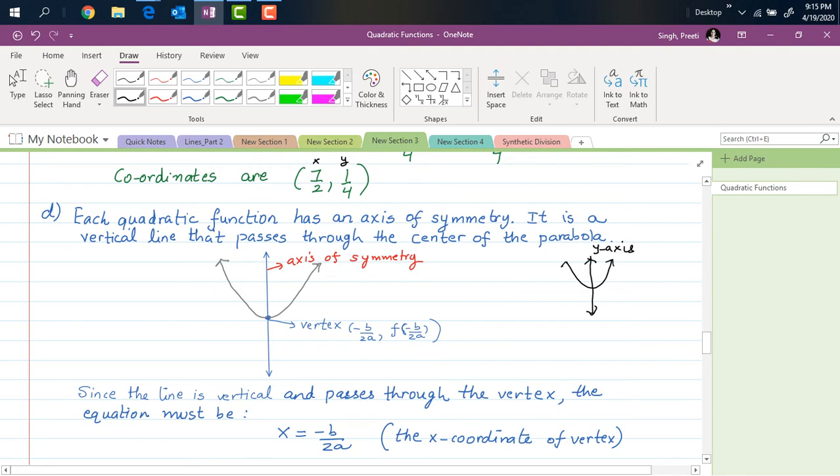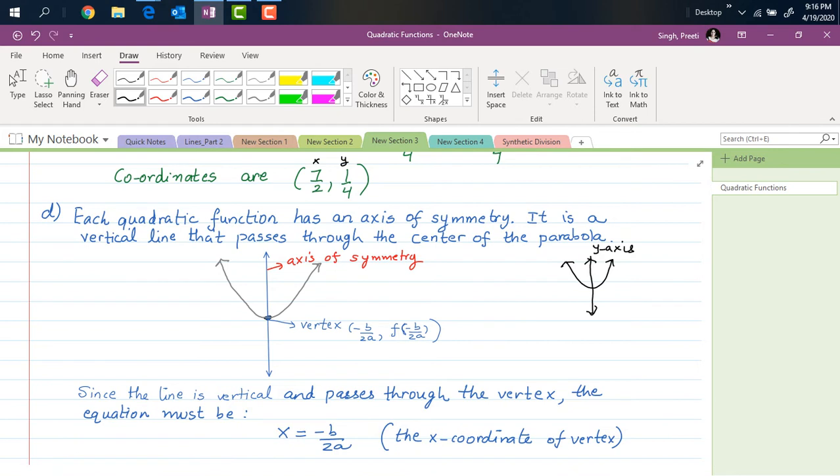The parabola y equals x squared is symmetric about the y-axis, which is x equals 0. For any given parabola, the vertical line passing through the vertex is the line about which the parabola is symmetric, and that's your axis of symmetry.